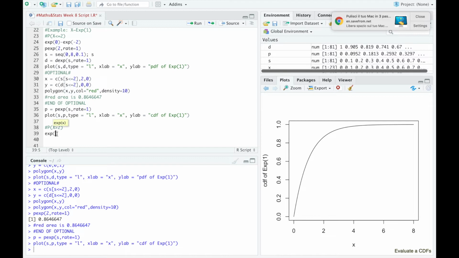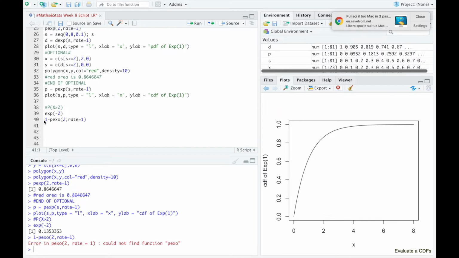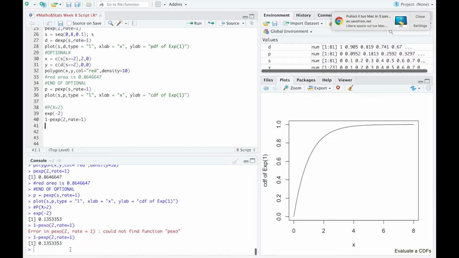So in particular, this will be the exponential of minus 2. And indeed, you can do it like this: 1 minus pexp of 2 with rate 1. So of course, you get the same result.